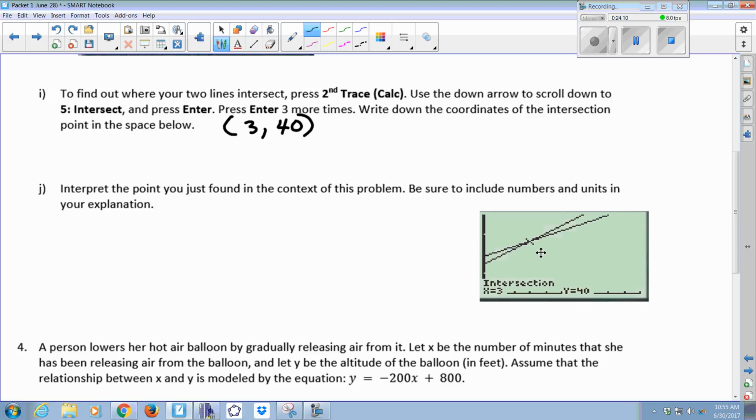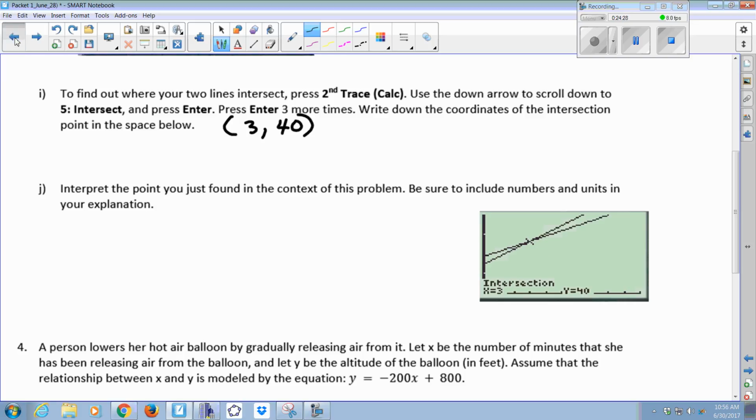Now you're going to notice that we ask you to do this quite a bit. It's very important when you describe a point of intersection that you use both numbers in your sentence, the 3 and the 40, along with their units.